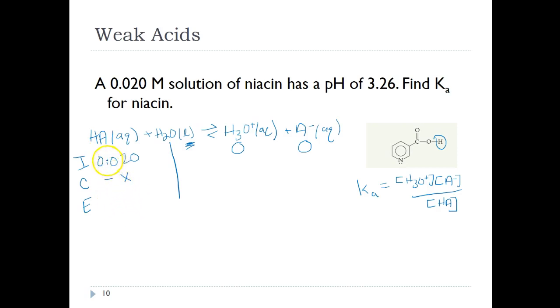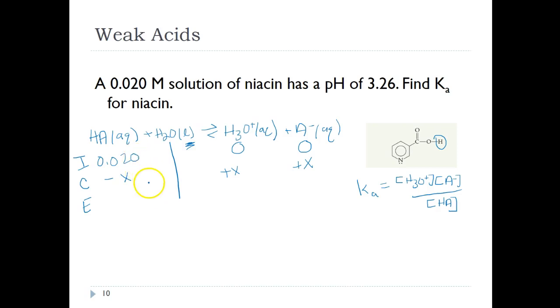Our equilibrium concentration should be less than 0.02 because the reaction has to go, to start out with anyway, left to right. That means that the hydronium concentration will have to increase, and then the conjugate base will also have to increase. I used x to represent that, and just remember that these x values are stoichiometric. So the coefficient tells you if it's 1x, like all of these, or 2x. If there was a coefficient of 2, this would be 2x.